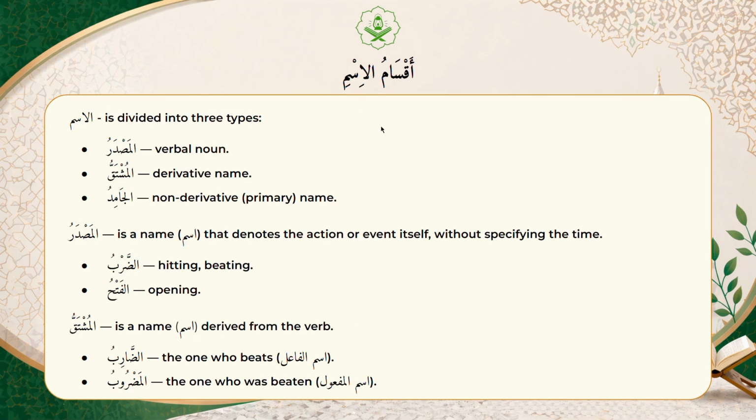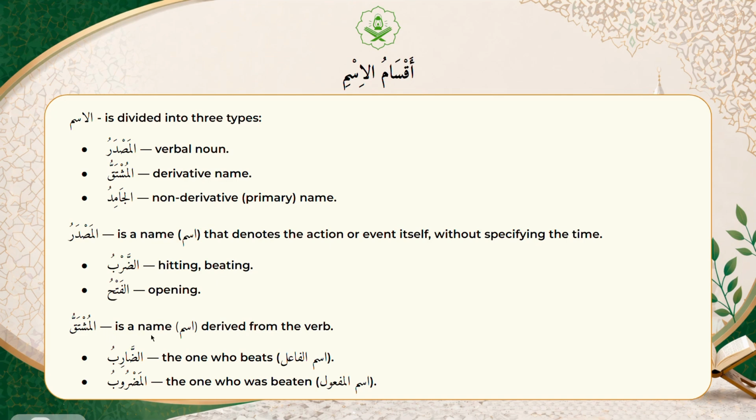Now أقسام الاسم, types of اسم. So اسم is divided into 3 types: مصدر, مشتق, and جامد. So مصدر is an اسم that denotes the action or event itself without specifying the time, like الضرب, hitting, beating, الفتح, like opening, without specifying a time.